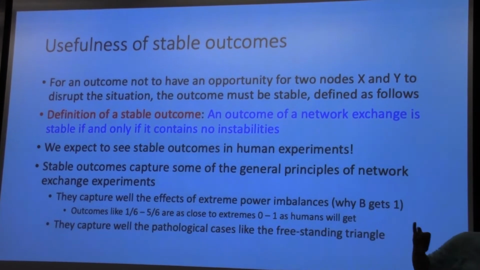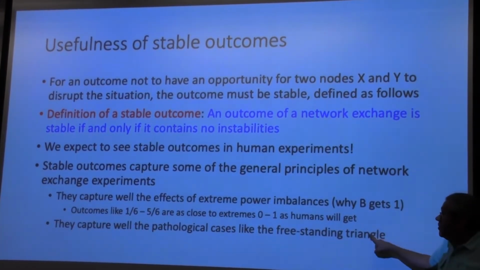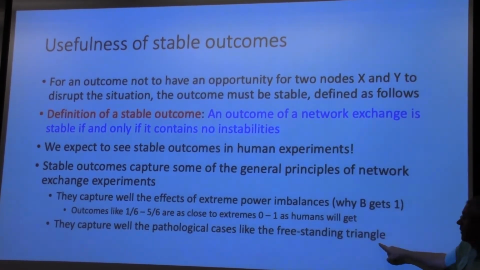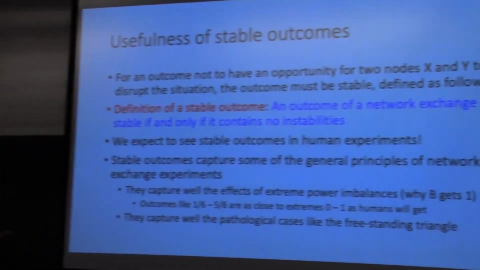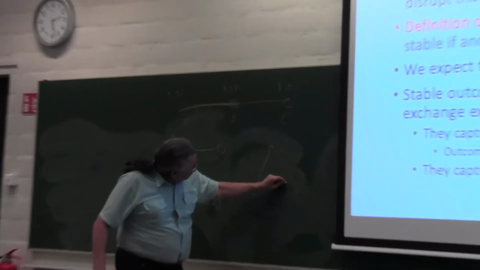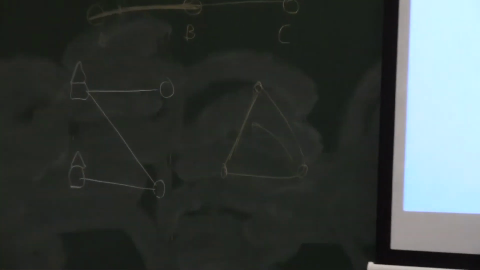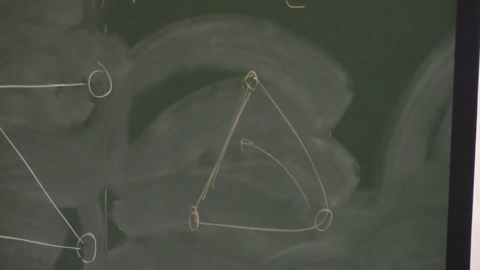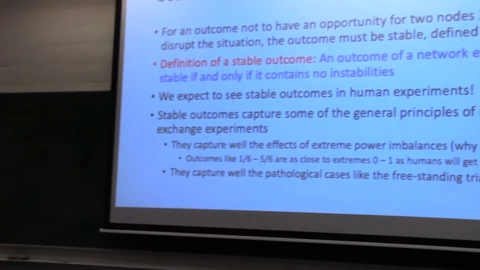Of course, the ultimatum game says it'll be less than 1. Stability also captures unstable systems, like the triangle. Remember the triangle? In the triangle, each node can always steal. There's no stable situation here. It's a kind of pathological situation. Okay? So stable outcomes are capturing something nice.